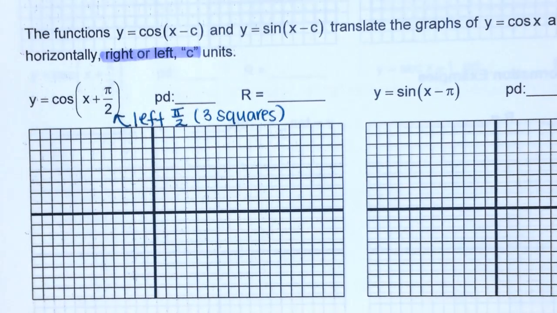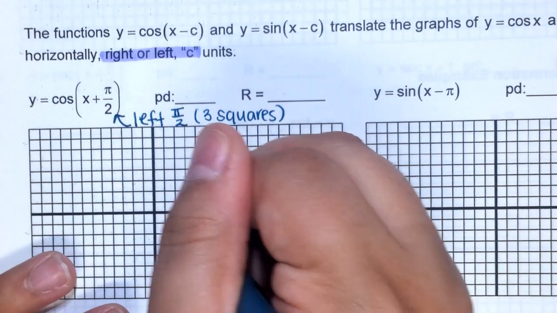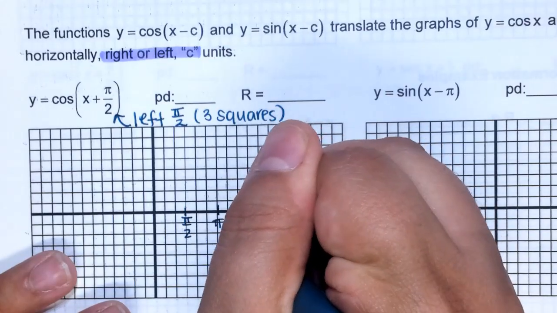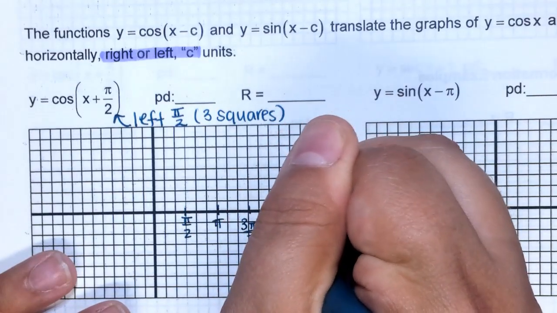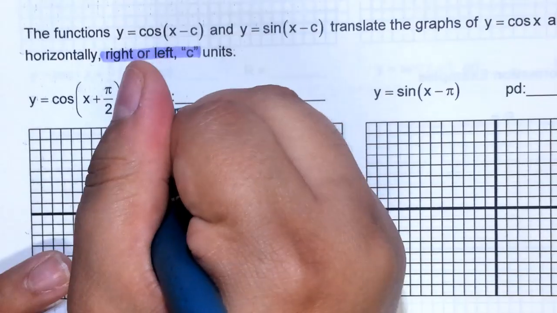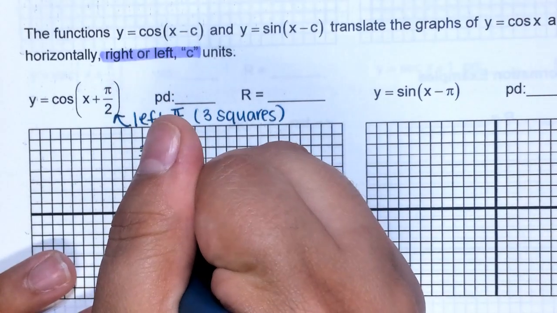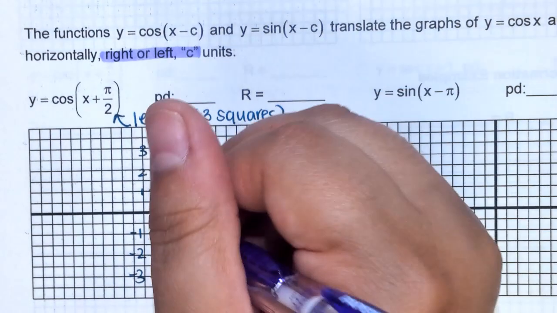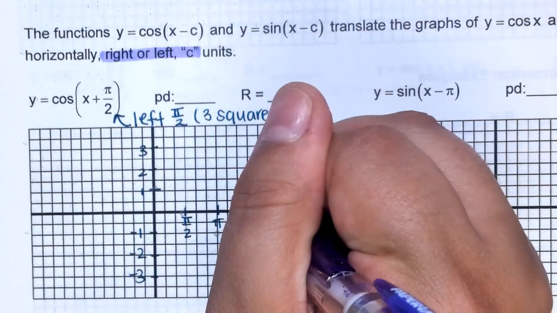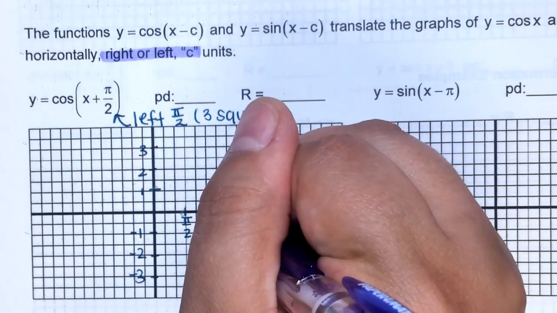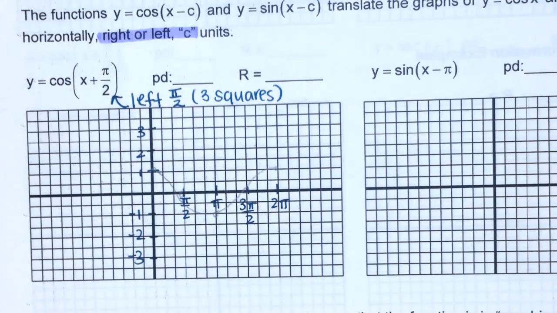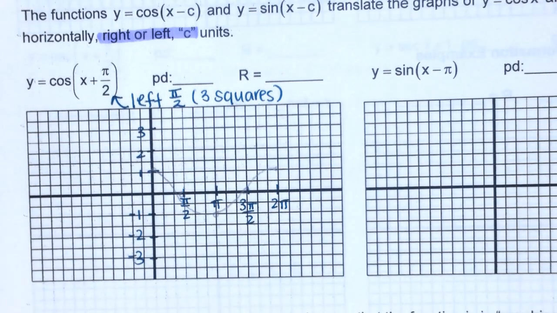So when we're only shifting left and right, I am going to draw the parent function real quick, like we did yesterday. All right. Are y'all drawing the parent function?